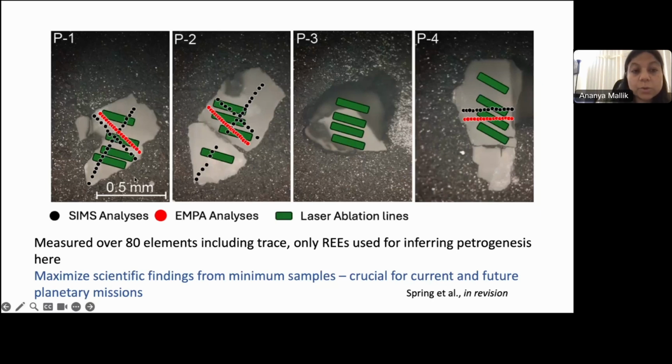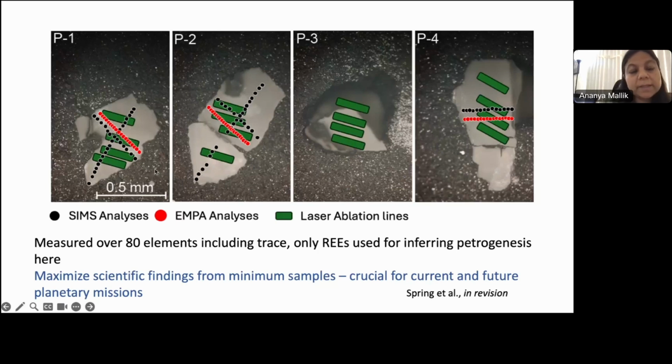Isaiah has measured over 80 elements in total, which includes trace elements as well. But for this particular study, we are only focusing on the rare earth elements because that's what we use to infer the petrogenesis here. I do want to say that this is a manuscript under revision, and hopefully once it is published, all of these 80 elements that we measured will be available to the community for any future study.